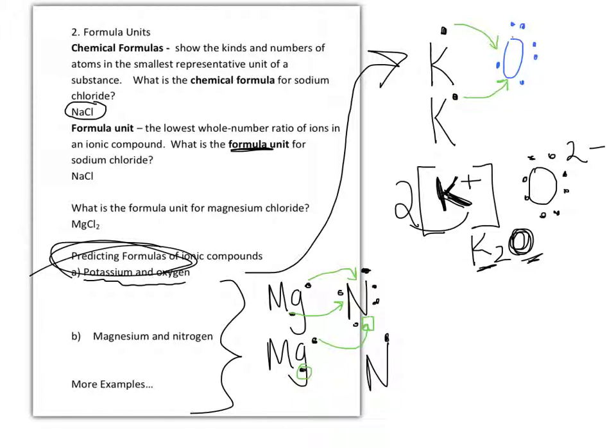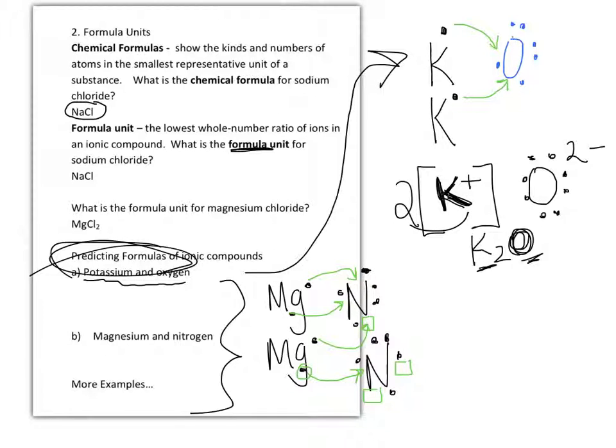So 1, 2, 3, 4, 5. And what will happen is this electron from this magnesium will come over here to this nitrogen. But you still have 2 open spots in that nitrogen.